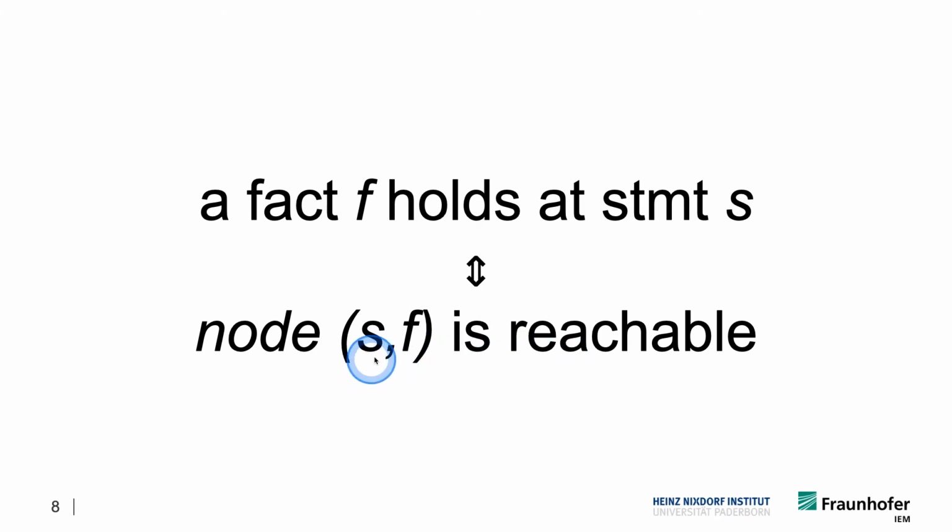So we have a node that corresponds to the fact F at the statement S, and it's an exploded supergraph node, therefore it's such a pair. And if that is reachable at all in the graph, then you know that this fact holds. Now the question is, how in practice do we transform the analysis problem to this graph reachability problem? And I wish to explain that to you by example on the next few slides.